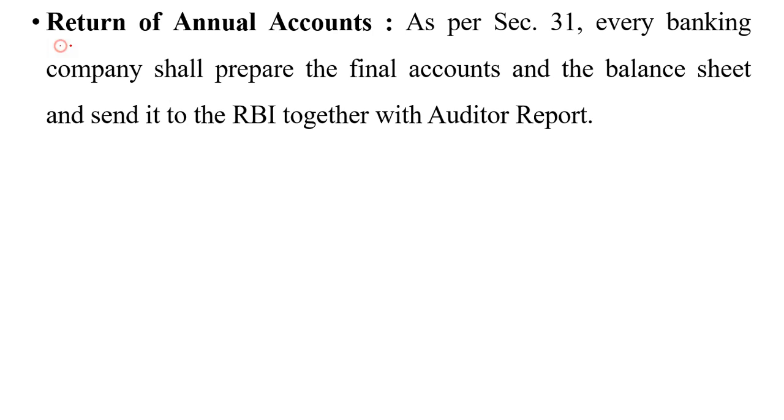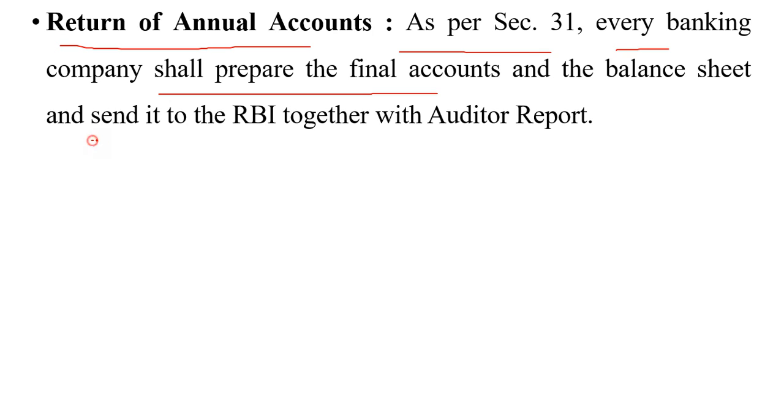Next is return of annual accounts. Now as per section 31 of the Act, every banking company shall prepare the final accounts. Final accounts means profit and loss account and balance sheet, and they are required to send them to Reserve Bank of India with the auditor's report, and they are required to publish them to the public also.